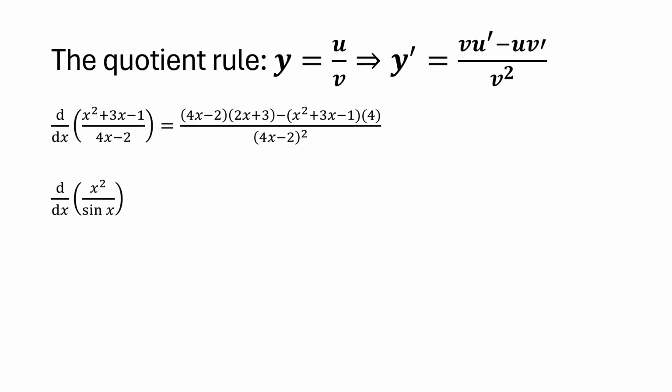What about this function? Low d high minus high d low. Low function times the derivative of the high one minus the high function times the derivative of the low function, all over low squared. Something you do need to be really careful with.